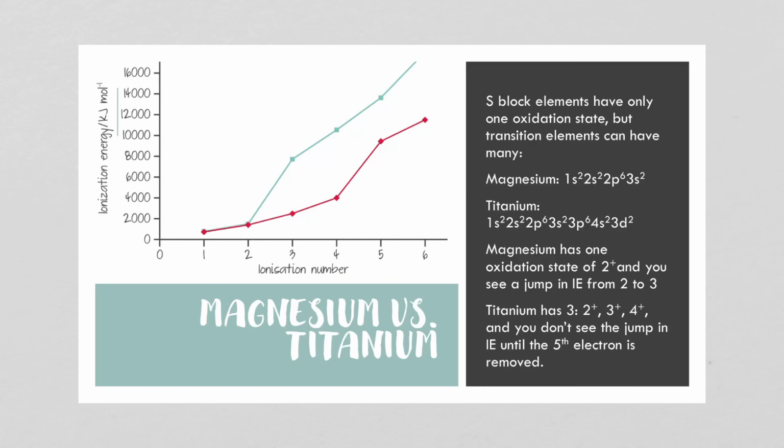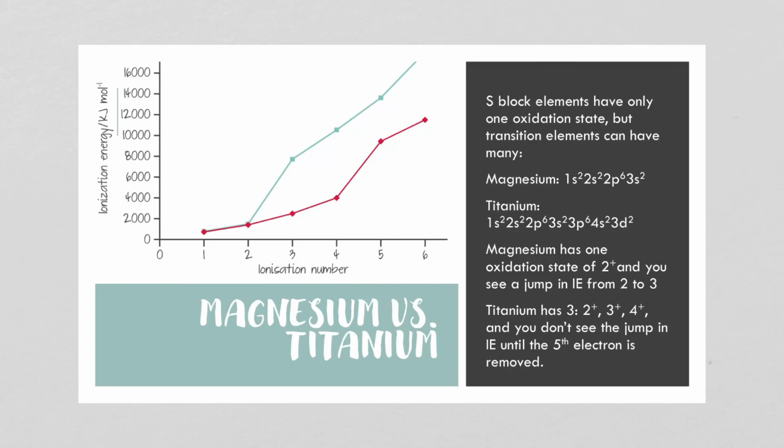When you compare magnesium with titanium, magnesium is the blue line, titanium is the reddish pink line. Magnesium has 1 oxidation state of 2 plus, and after the second one, when you go from 2 to 3, you see a big jump in ionization energy.